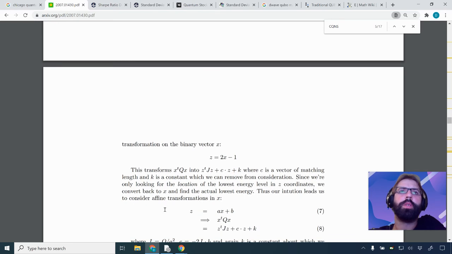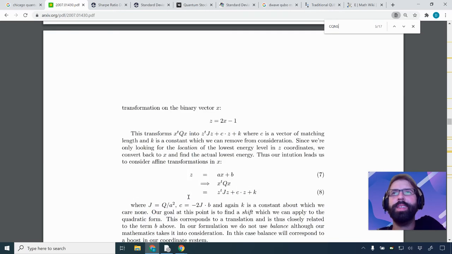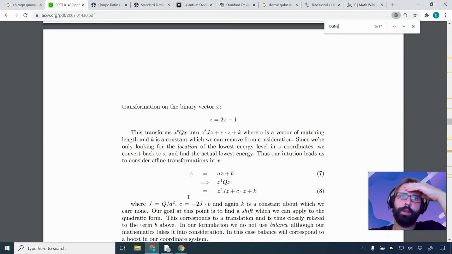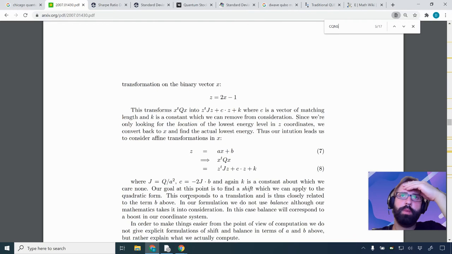This transforms x into z, where c is a vector of matching length and k is a constant which we can remove from consideration, since we're only looking for the location of the lowest energy level in the z coordinates. Blah blah blah.